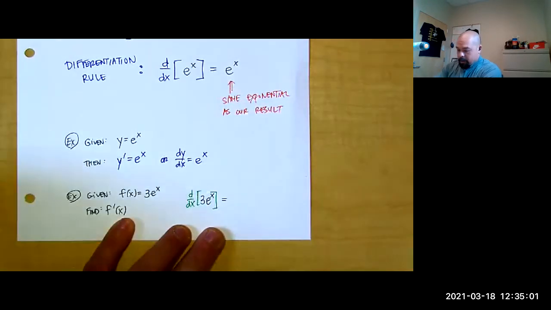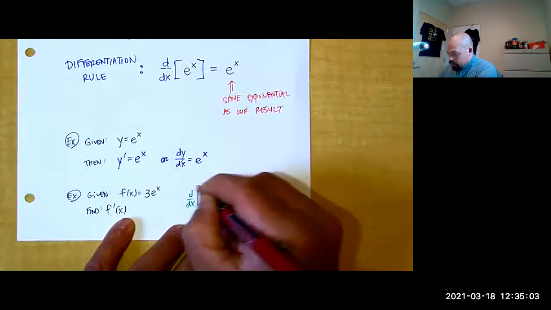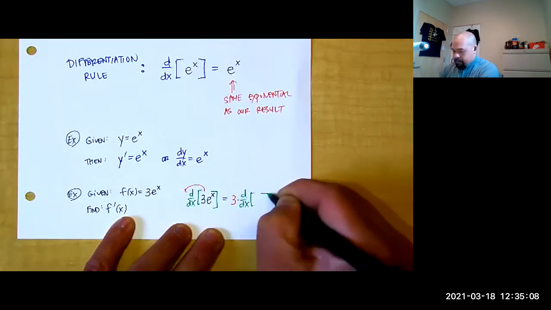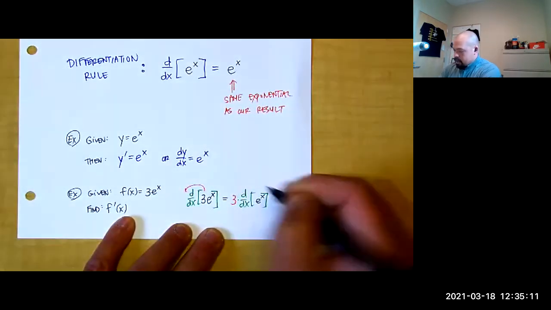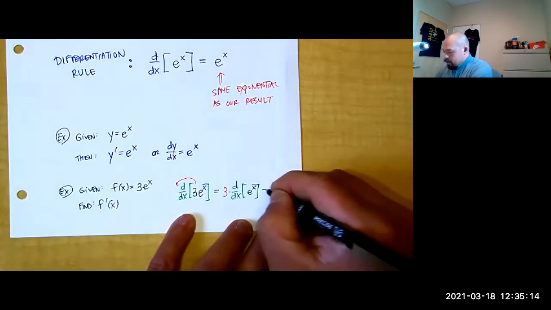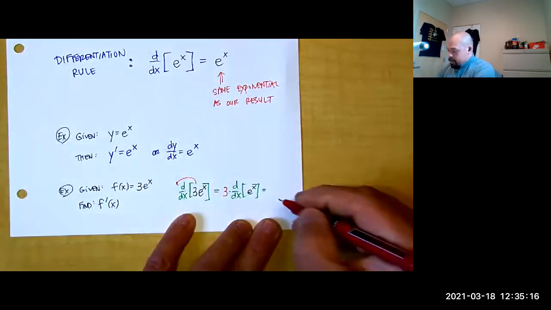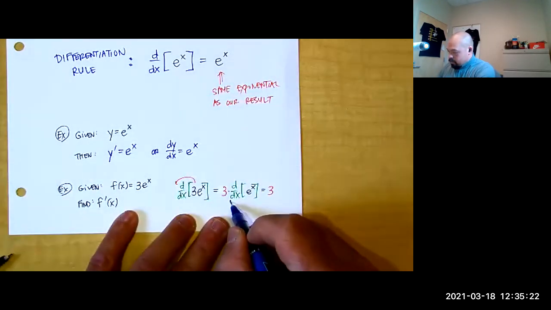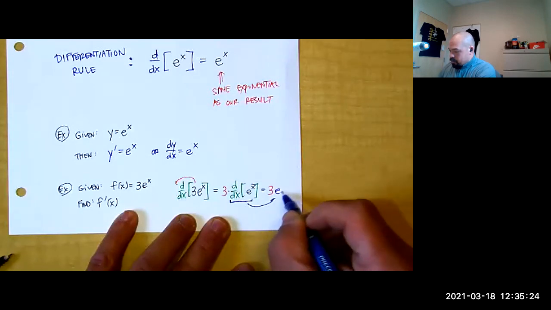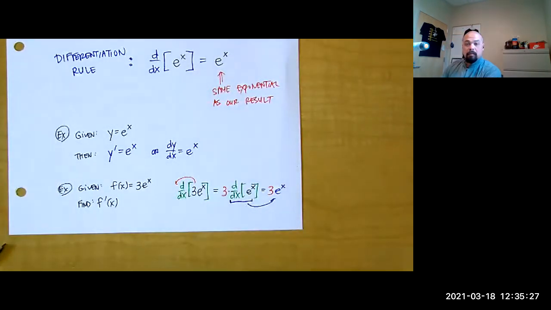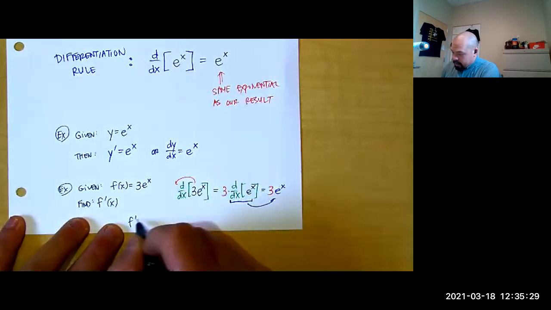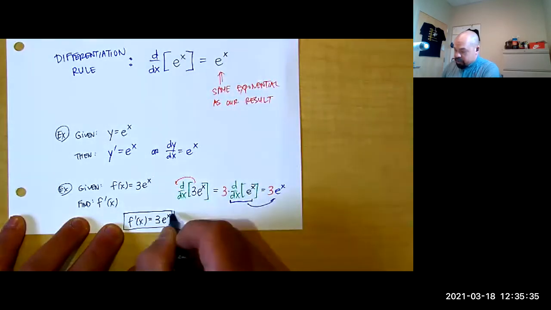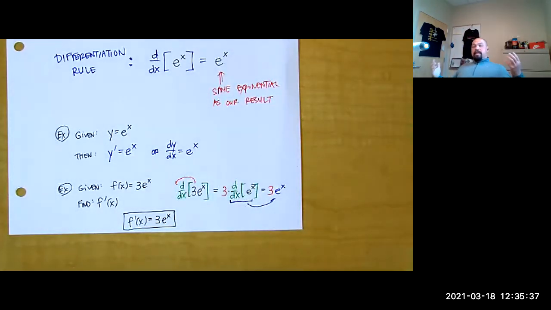That coefficient comes out, times the derivative of that e to the x. Three stays. The derivative of e to the x is just e to the x. So in the end, f prime of x, the derivative of 3e to the x is just 3e to the x, the same function out. That coefficient just follows us. Derivative of e to the x still there.